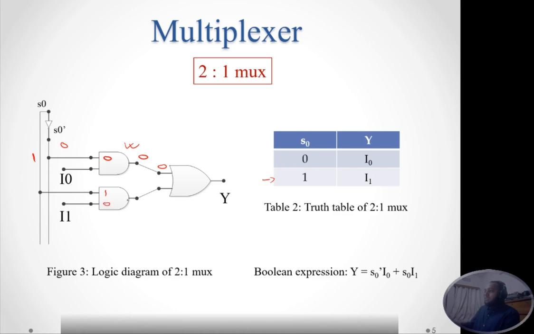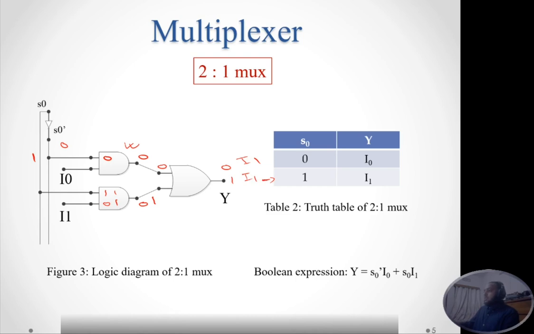If I1 is 0, our output will be 0, and the output of this OR gate will be 0, which is actually I1. And if I1 is 1, then the output of this AND gate will be 1, and the output of the OR gate will be 1, which is actually I1.